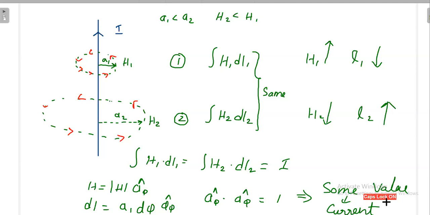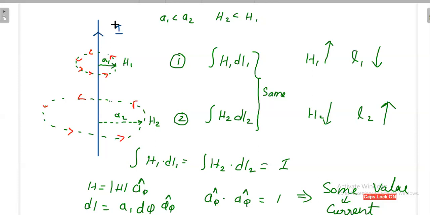You already know the current direction, but you should find the value of the current. Since the magnetic field is in the phi cap direction, the current has to be in the z cap direction. You know the directions of both the current and the magnetic field; finally you are just calculating the magnitude. So this is the idea of Ampere's law.